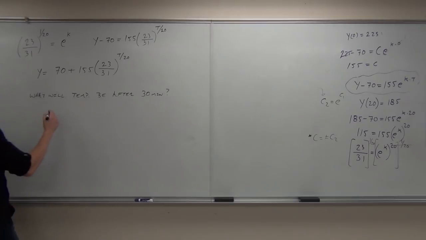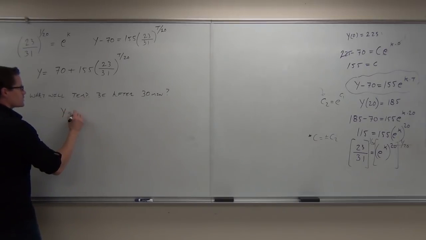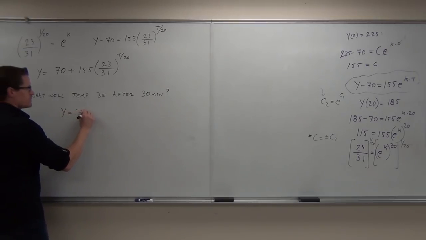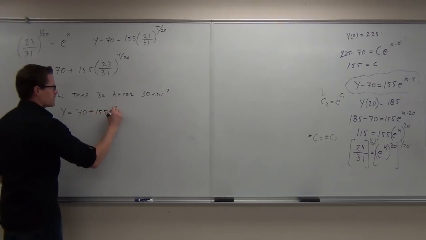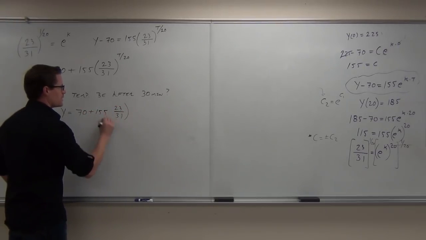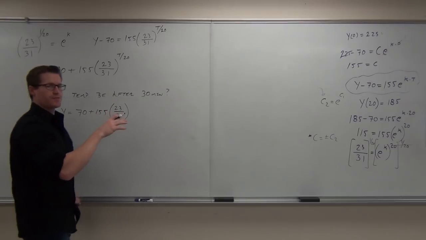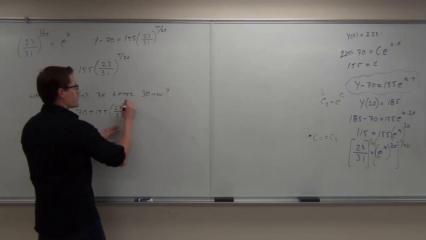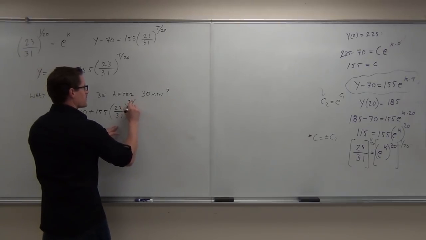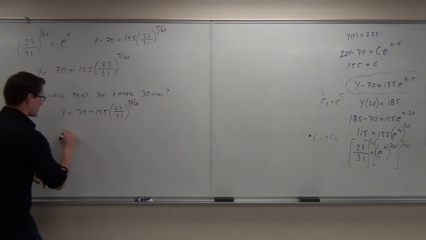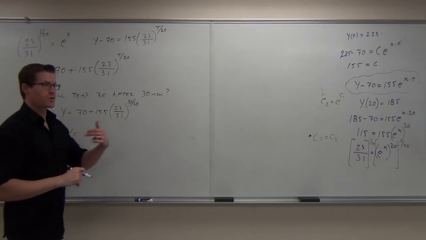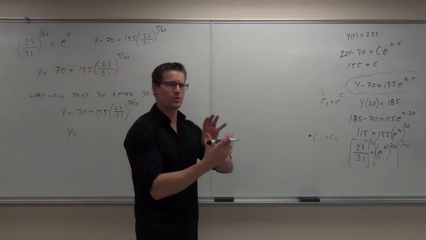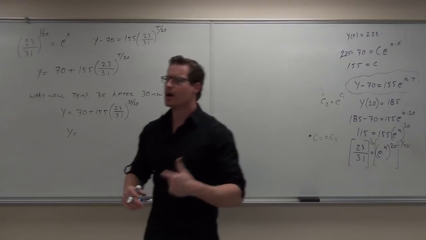T. Pretty easy now, it's just plugging numbers in. So we'd say the temperature would equal 70 plus 155, 23 over 31 to the, well, T stands for time in minutes. This is why we defined it, okay? We had it on the board earlier. If I want 30 minutes, I'd put 30 over 20. Y stands for our temperature. Y in terms of T was our temperature. We already defined that. How much is that?